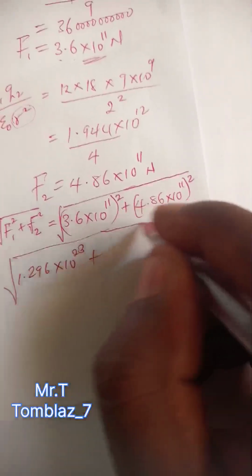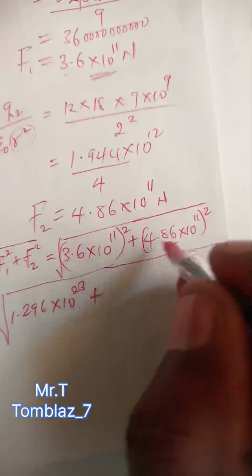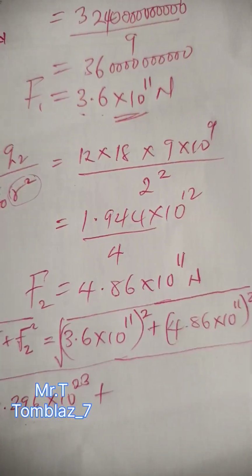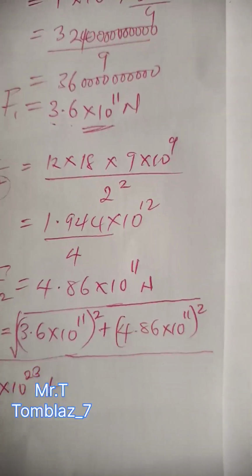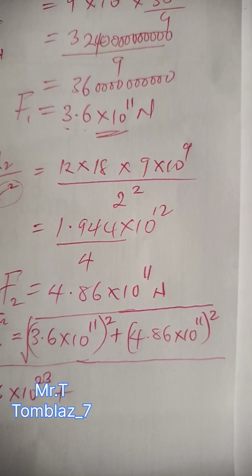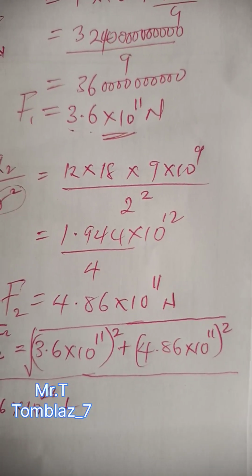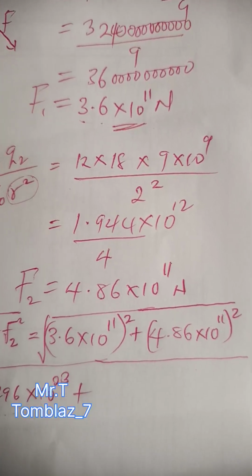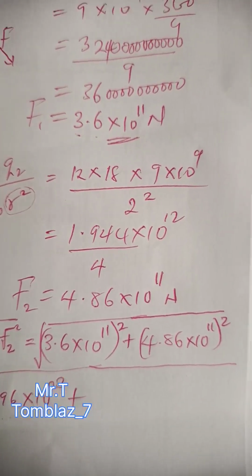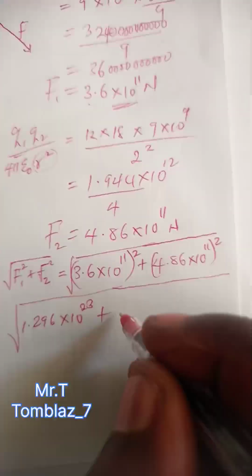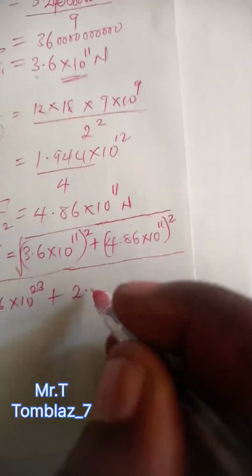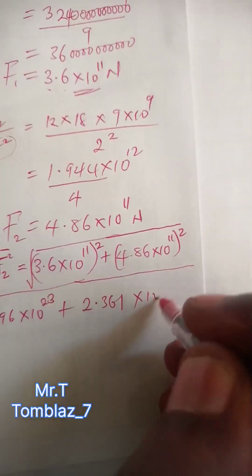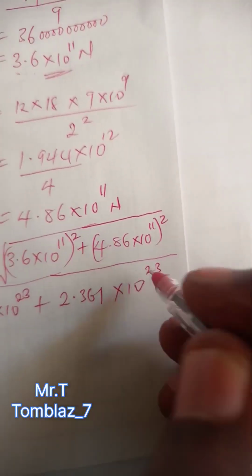Then plus, let's take 4.86 times 10 to the 11 and square it as well. So we're going to be having 2.361 times 10 raised to power 23.